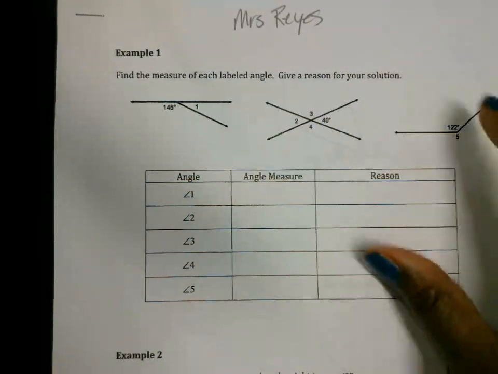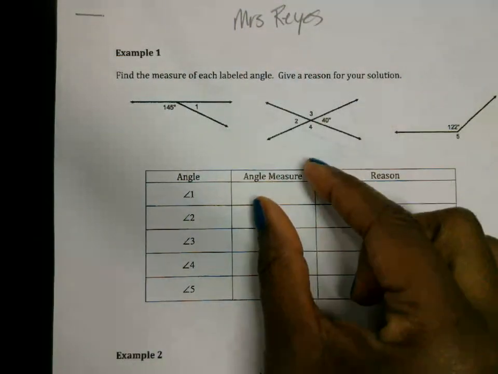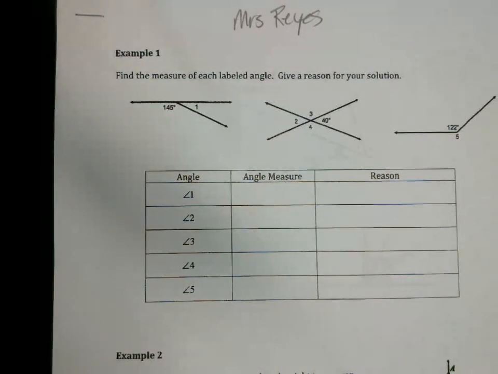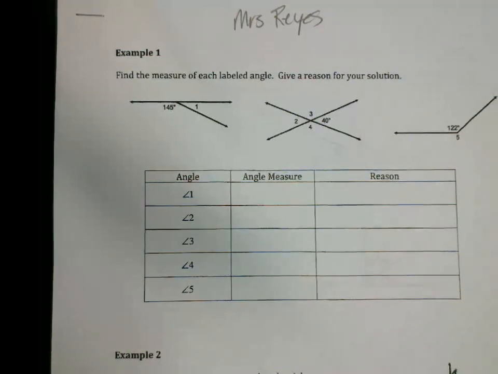We're going to look at these different angles and try to find the angle measurement and the reason how we came up with it, whether they're vertical, supplementary, complementary, whatever. How did we come up with the measurement of that angle? Okay. All right. So let's look at this.